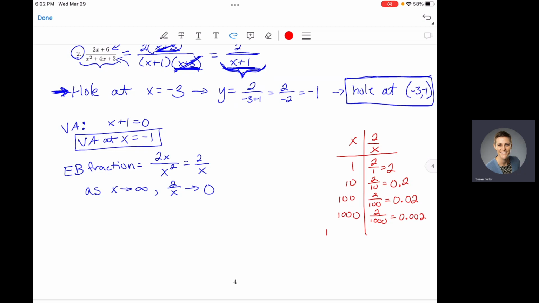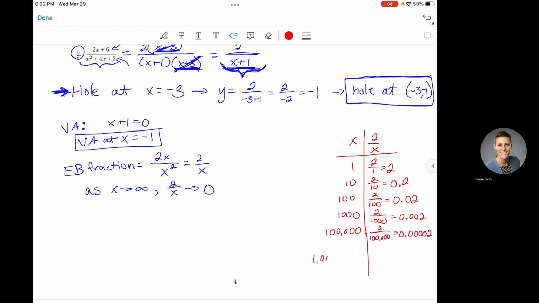We can keep doing this. We can go all the way to 100,000. Let's see what happens as we go all the way up here. This is going to be 0.1, 2, 3, 4 zeros, and then a 2. And this is going to keep going. The bigger this thing gets, the smaller this gets.